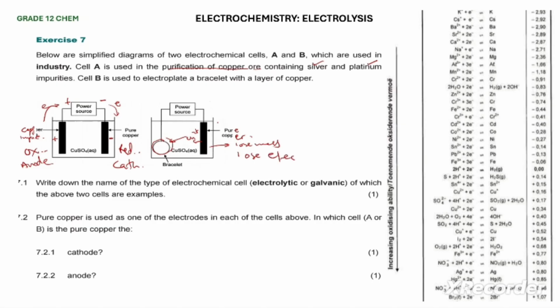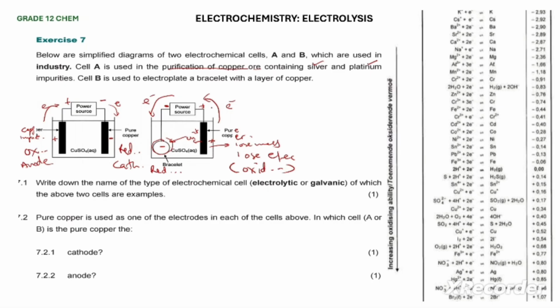If we're losing electrons, that means they are flowing that way. That makes this negative and this positive. Again, the loss of electrons is oxidation, and then reduction on the other side.